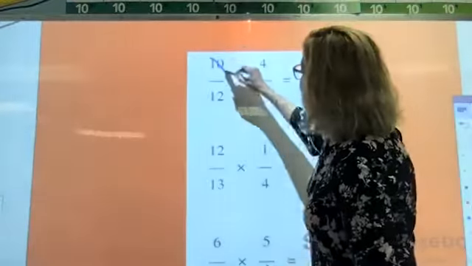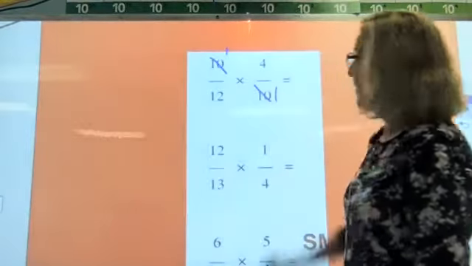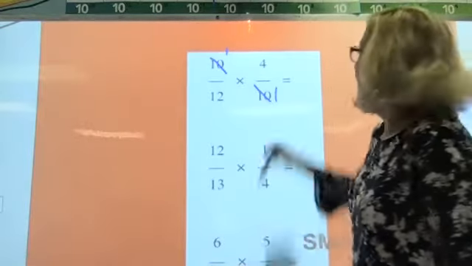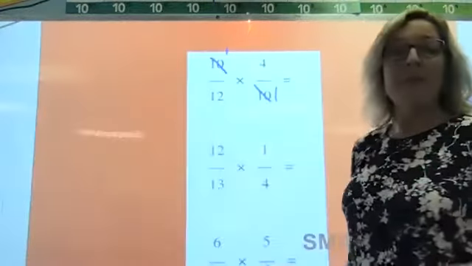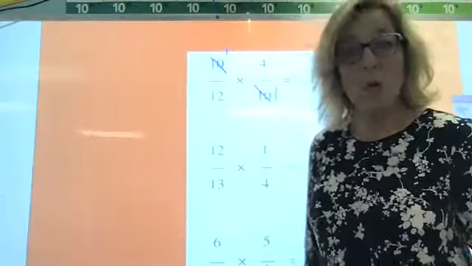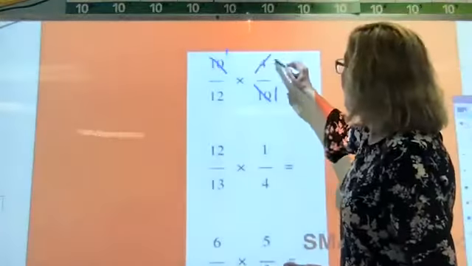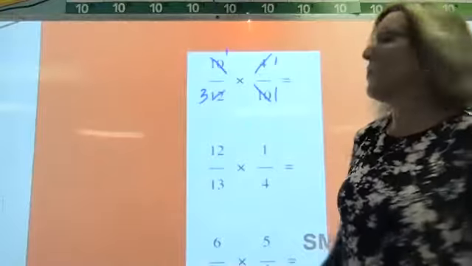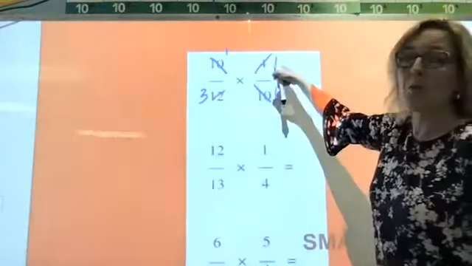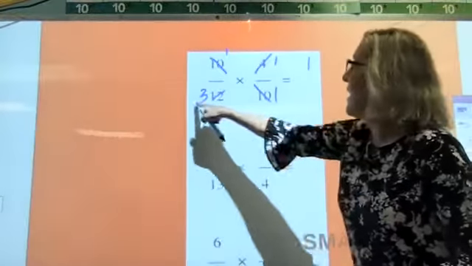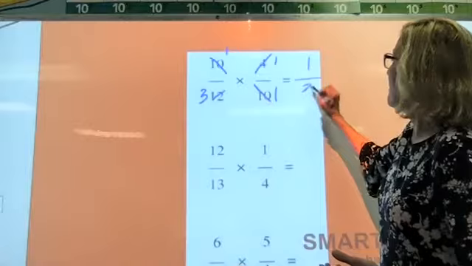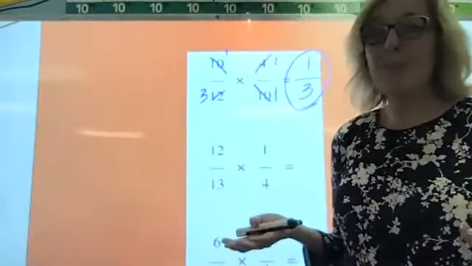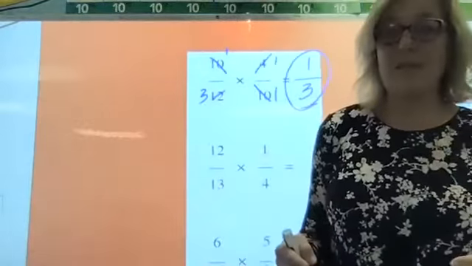If you divide 10 by 10, you get 1, so we turn both of those into a 1. 4 and 12 have a common factor of 4, so if we divide by 4, we get 1 here and 3 here. In the numerators, 1 times 1 is 1, and in the denominators, 1 times 3 is 3. So 1/3. We don't have to simplify because we already took care of it.